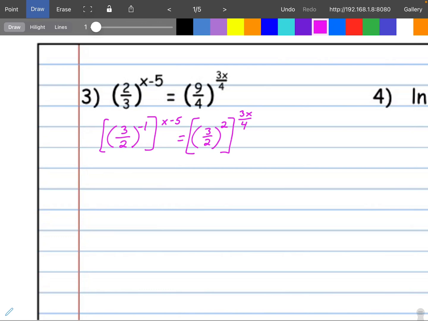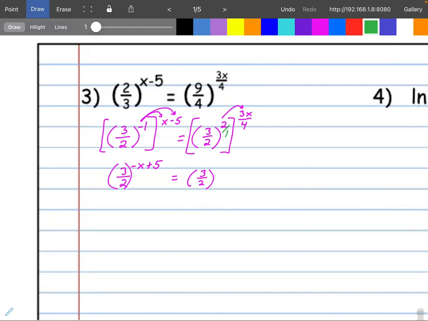Figure out what you need to do with the exponents to make those the same base. All right, so we have our 3 over 2, and then that's going to be raised to, and we have to distribute that negative 1, which means that will be negative x plus 5. So 3 over 2 is raised to the negative x plus 5 power. And then I have my 3 over 2 on the right side that is raised to the, well, 2 times 3x would be 6x.